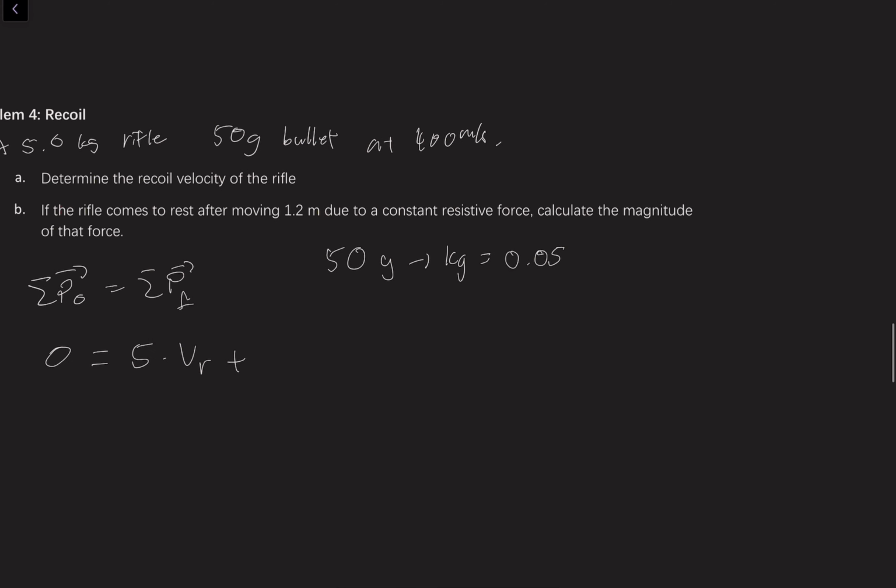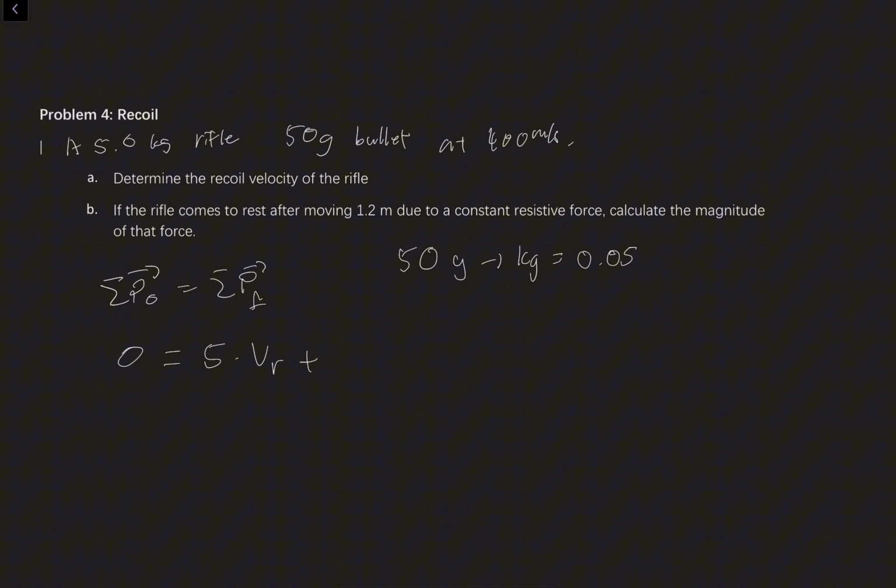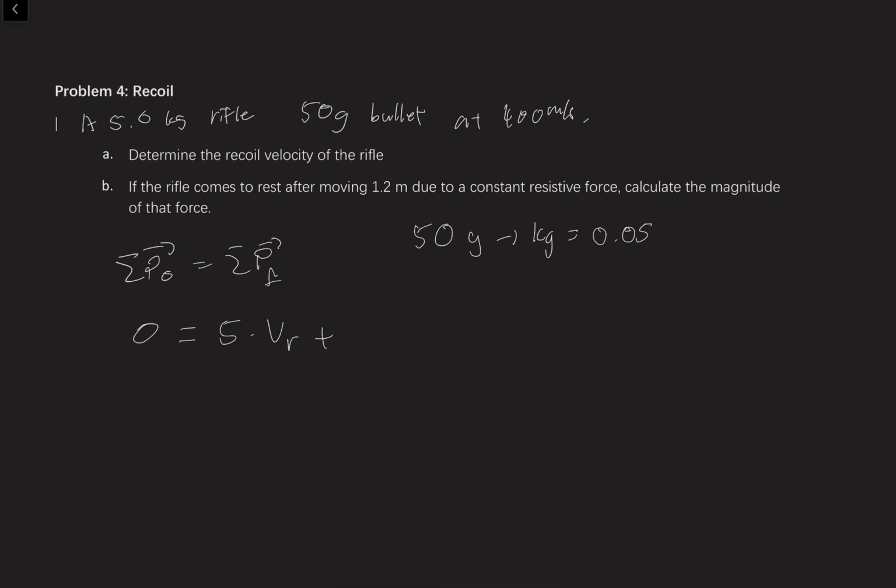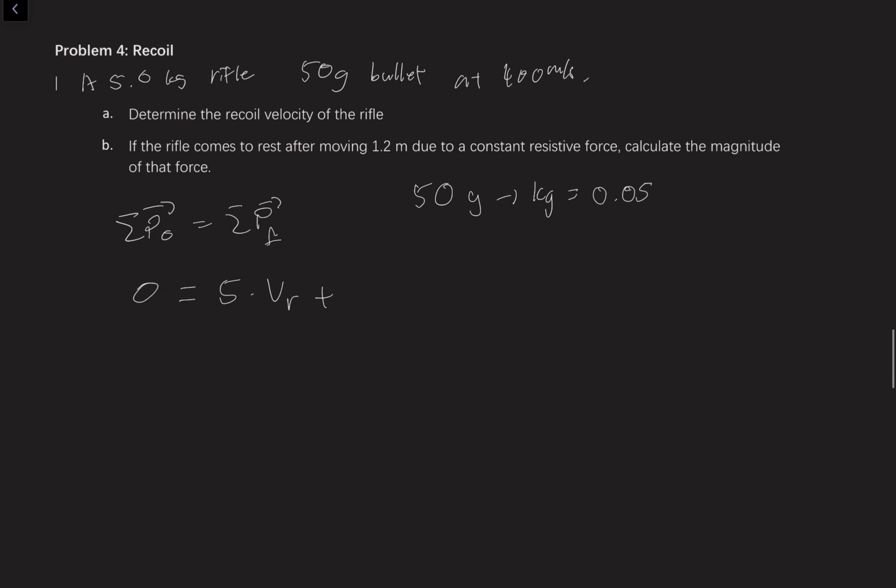Now let's calculate it. Plus 0.05 times 400. VR equals minus 0.05 times 400 divided by 5, equals minus 4 meters per second. So we see that from recoil, the bullet shoots this way.